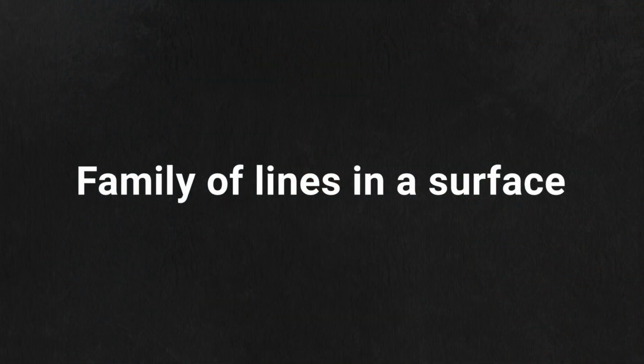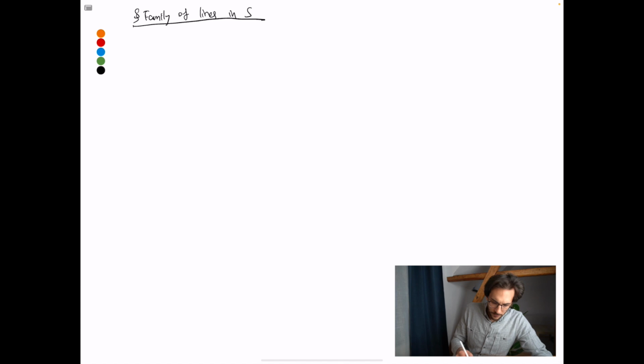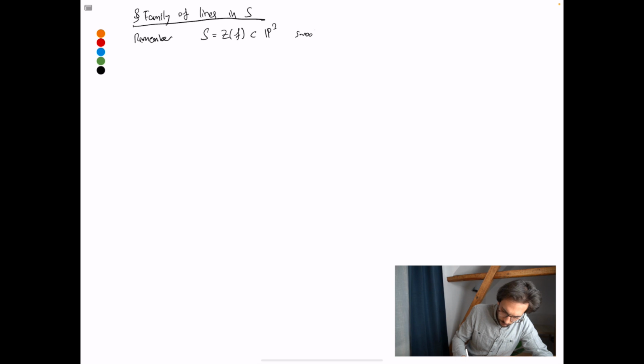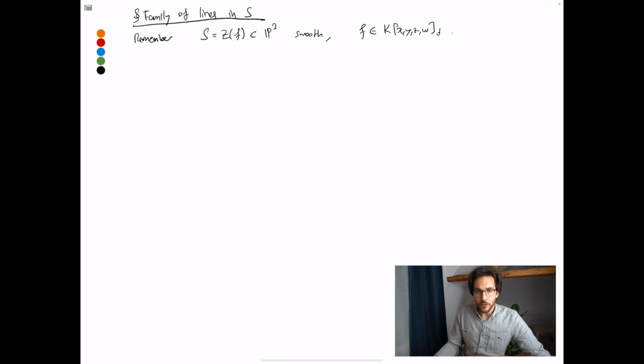Remember that S is a surface cut out by a polynomial f. F has coefficients in K, F is homogeneous, K was characteristic 0, and whenever I talk about schemes or rings, I mean over K. So a ring B, for example, will be a K algebra, really.